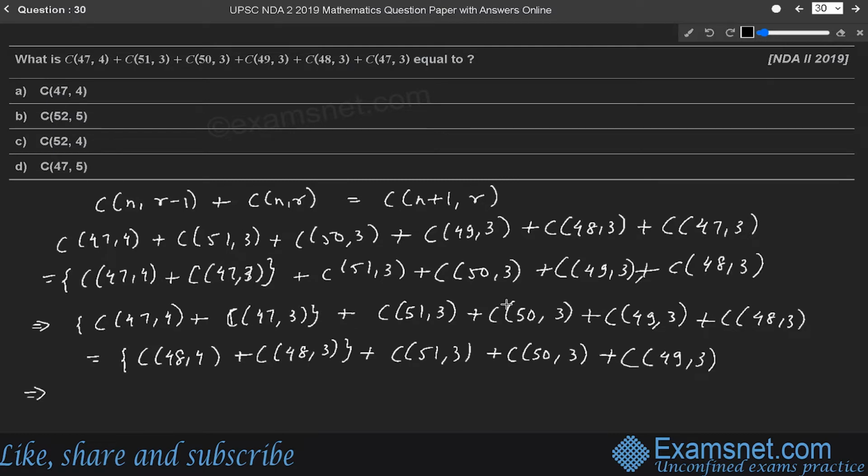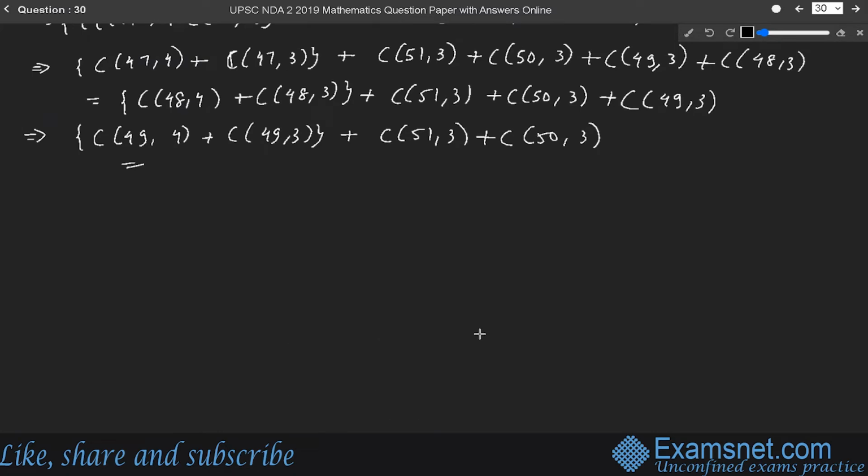Further, it will be equal to C(49,4) + C(49,3) + C(51,3) + C(50,3). This will be equal to C(50,4) + C(50,3) + C(51,3).